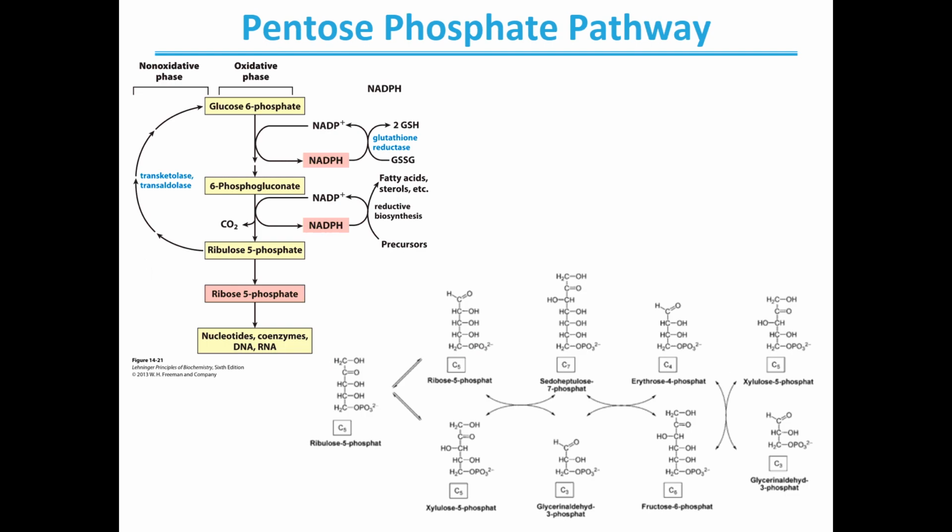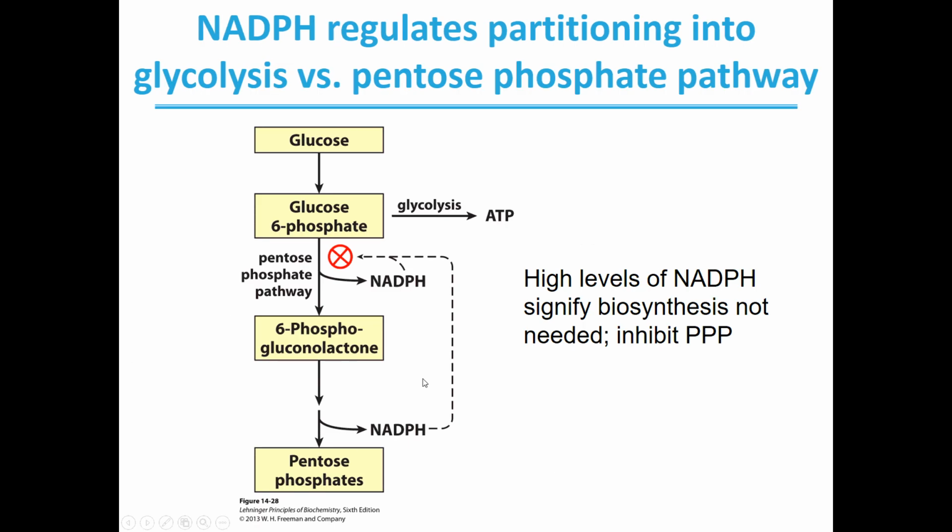As far as regulation of the pentose phosphate pathway, we simply regulate the pentose phosphate pathway by looking at how much NADPH is available. Large amounts of NADPH signal that we should slow down the pentose phosphate pathway, and that's what's shown here.